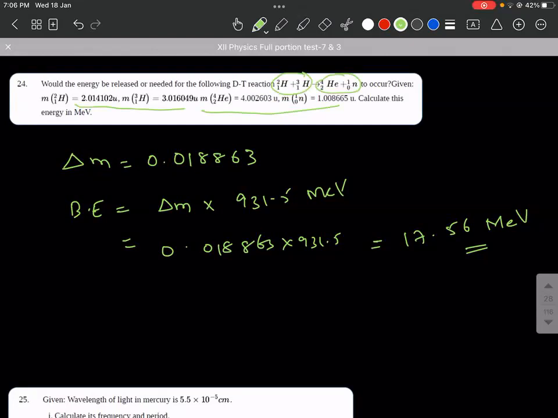Yes. If it comes out to be a negative value, then what is the meaning of it? Energy is released. That's the answer.